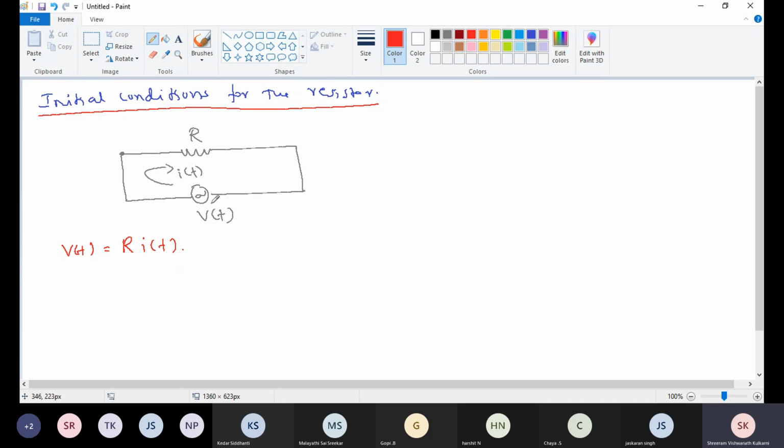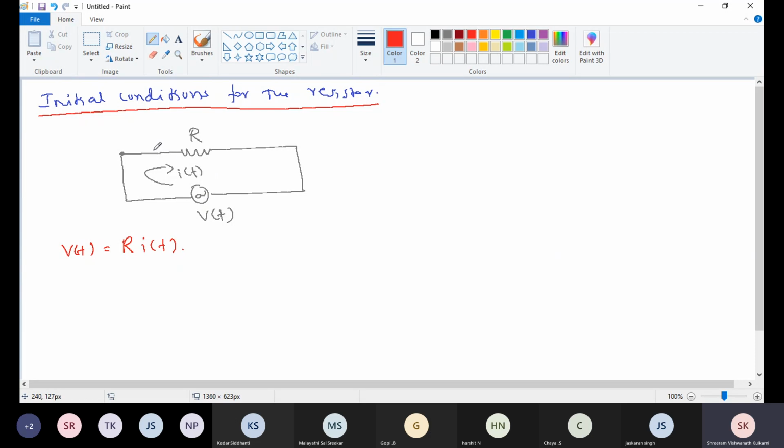Whenever I change the magnitude of my voltage source, the current will also change. The current through the resistor will change instantaneously if the voltage changes instantaneously. Similarly, the voltage will change instantaneously if the current changes instantaneously.